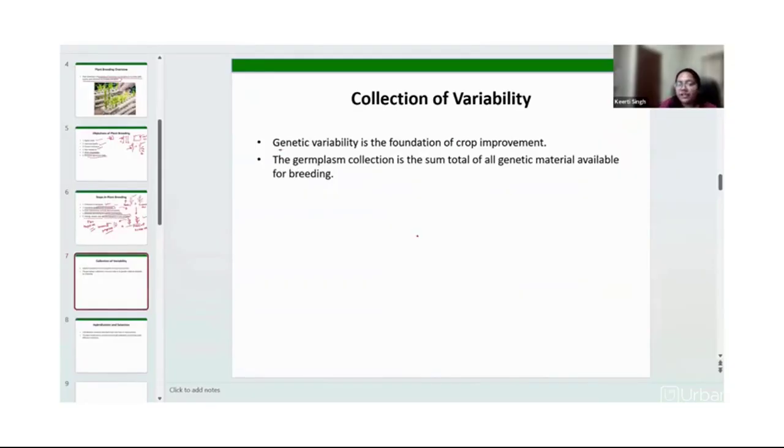So this genetic variability, of course, is the foundation of crop improvement, because whether the plant is a high yielding variety or a low yielding variety, it will depend upon the genetic constituent of that particular plant.